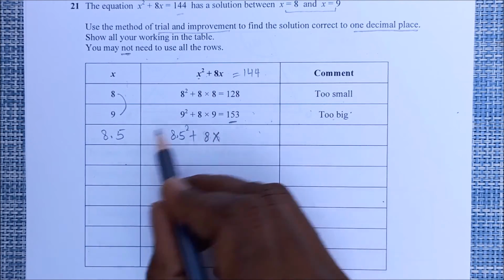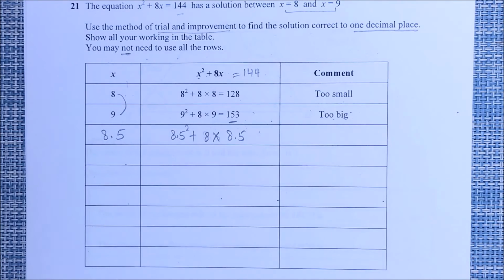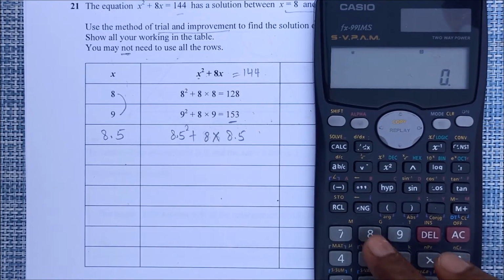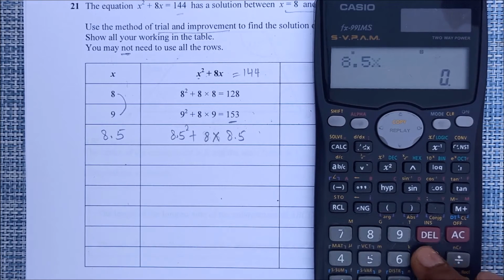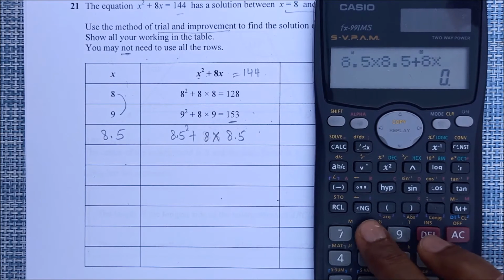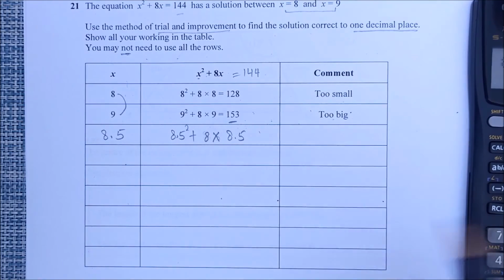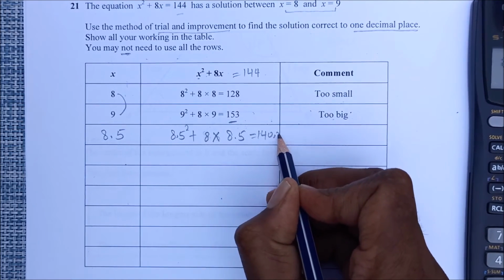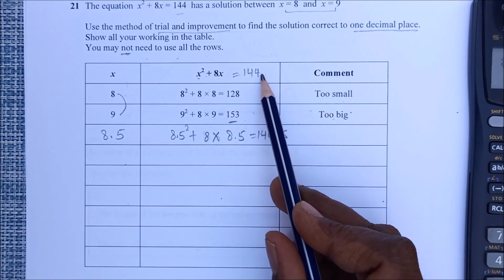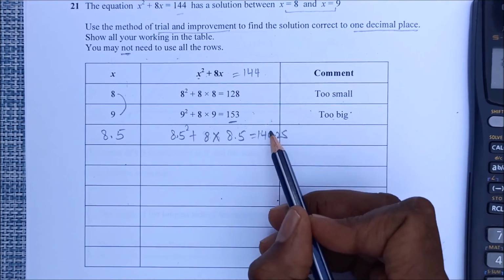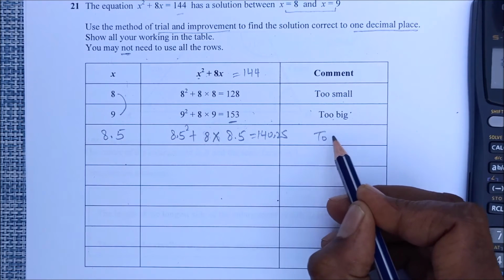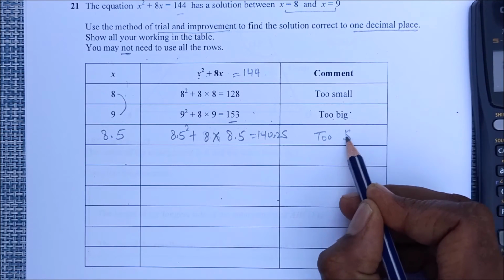When you calculate this, 8.5 times 8.5 plus 8 times 8.5, our answer is 140.25. So this is a bit lower than that, so we can increase the value of x. We can write it down here. This is too small.